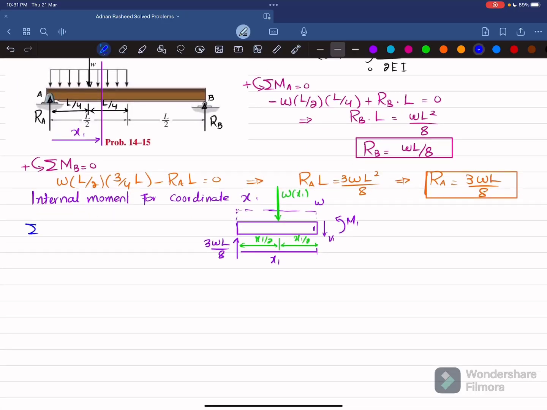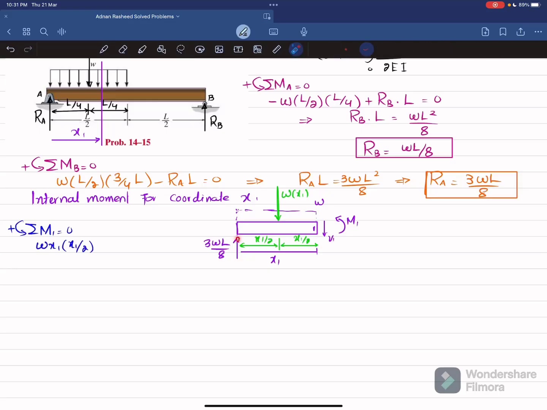That sum of all moments about point 1 is equal to 0, taking the counterclockwise moment as positive. So about this point, the first moment will be this W into X1 and perpendicular distance is X1 by 2, and this is producing counterclockwise moment, so it will be positive. So I will write W into X1 and perpendicular distance is X1 by 2.